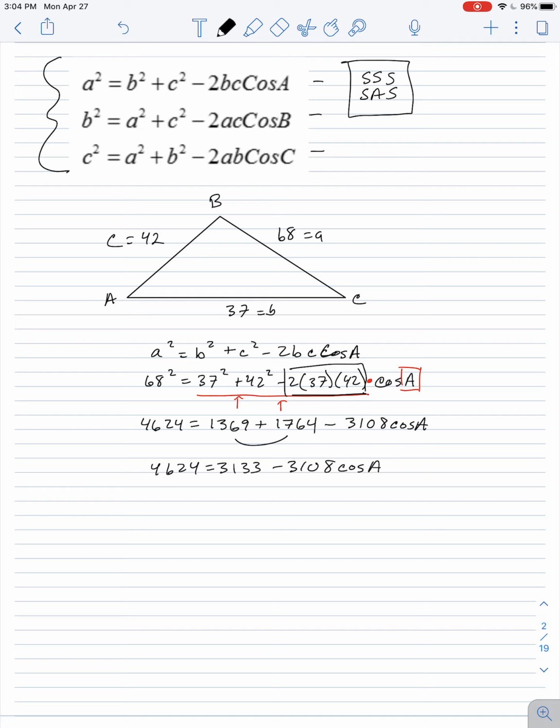And now I'm going to solve this by isolating cosine of A. So I'm going to start by subtracting 3133 from both sides. And I get 1491.